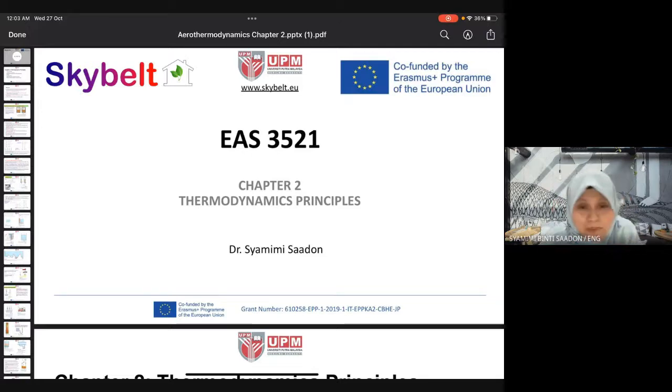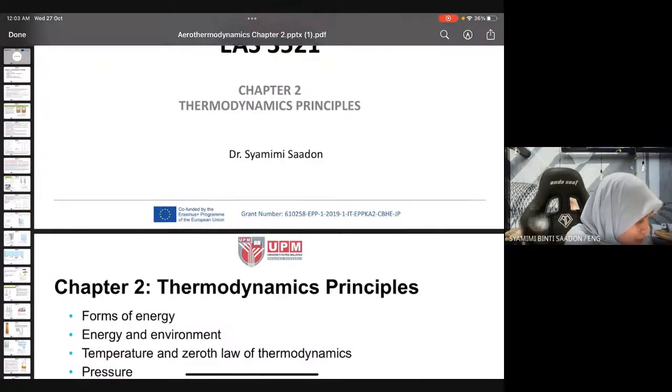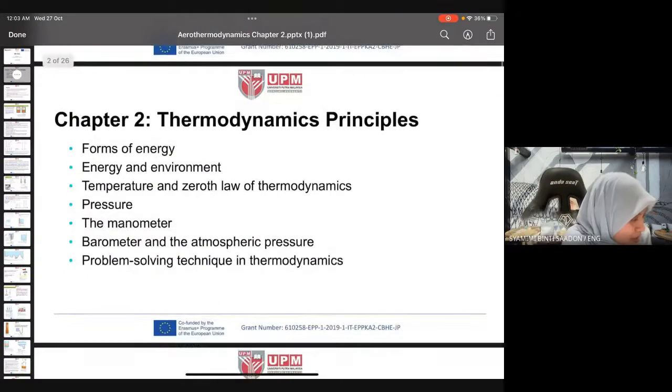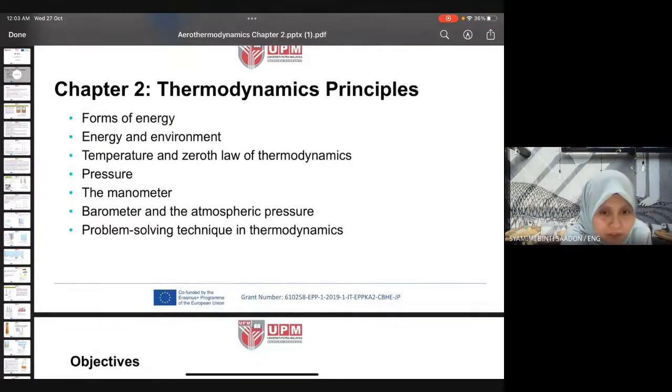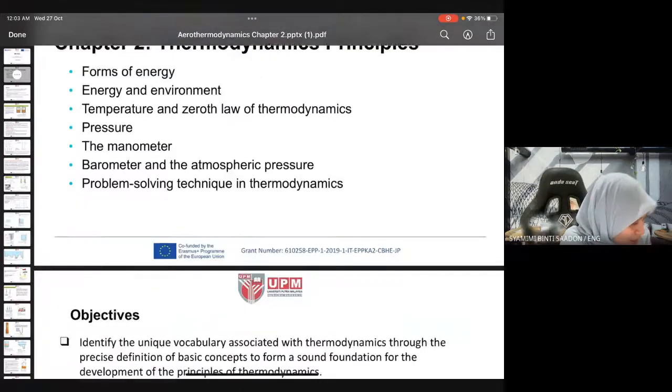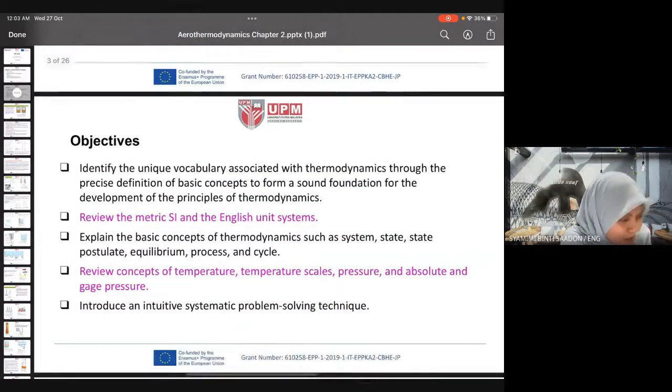Maybe for some of the slides I'm not going to go into detail, because I think you have seen them in fluid mechanics. So we start. This chapter is called thermodynamics principles, still a fundamental part. These are the contents of this chapter, and we will see the objective of this chapter later on.